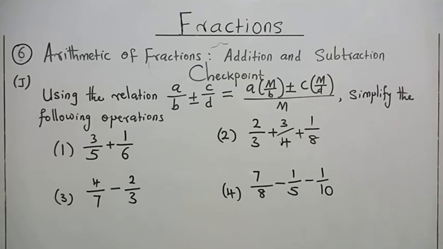If you get a positive result, you should think that something is wrong with the process that led to your answer. Be careful as you solve this, because in the course of giving you examples, I did not present a case that led to anything negative. So this number 3 will just be a case of that kind. Then the fourth one is 7 over 8 minus 1 over 5 minus 1 over 10.